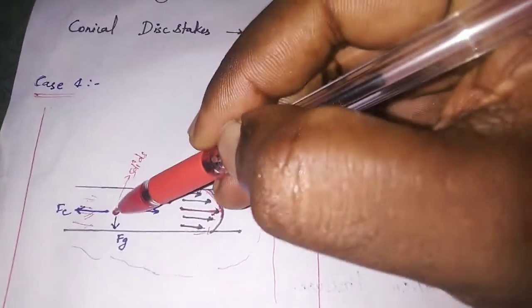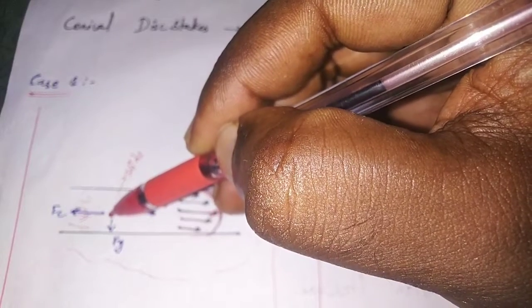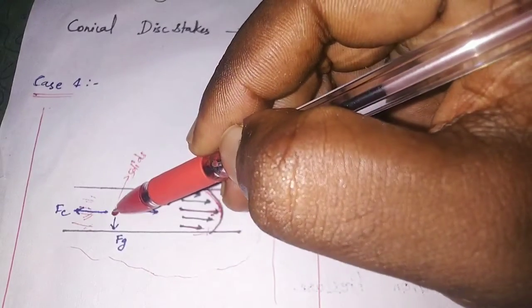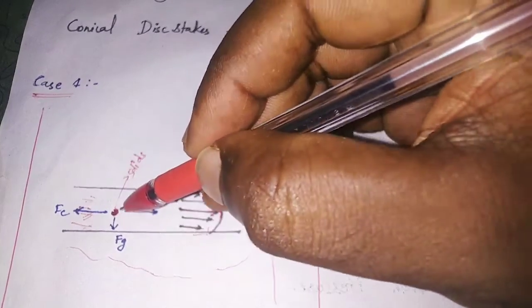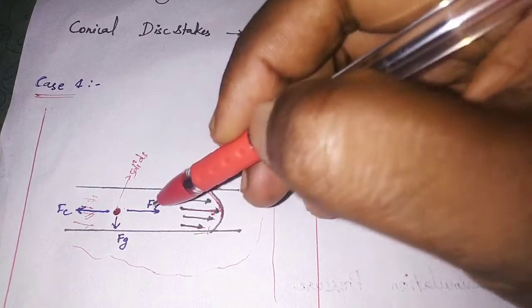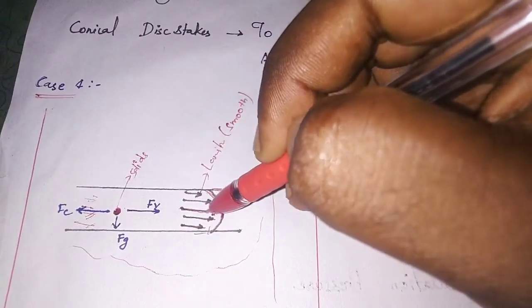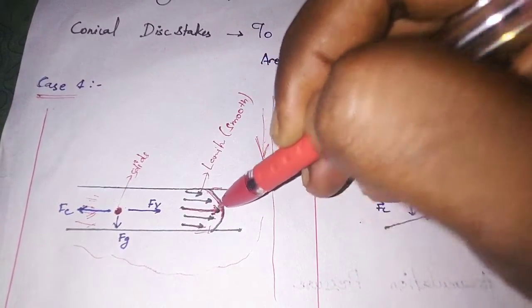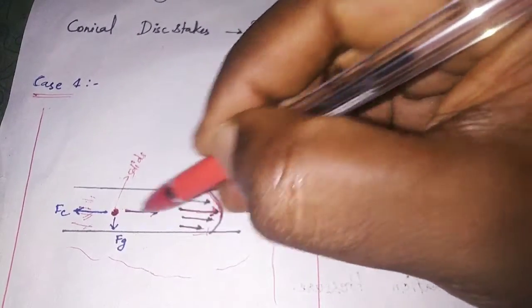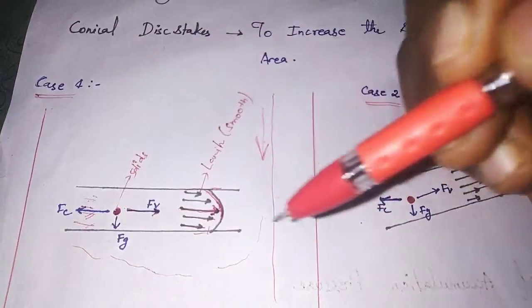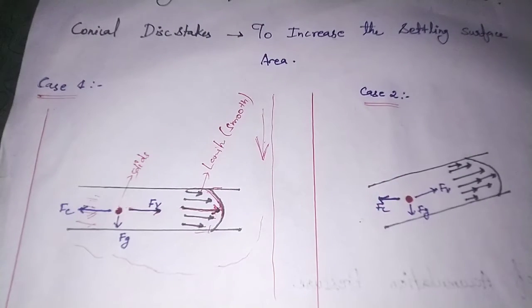So let's consider a single solid particle. Three forces act on this solid particle. First is the velocity force, due to the higher velocity at the middle point, acting in the upward direction. Second is the centrifugal force, as our purifier works on centrifugal force only. The outward force is called centrifugal force.